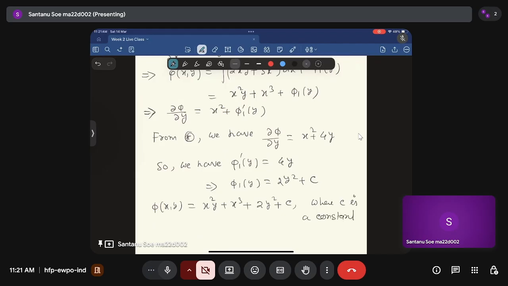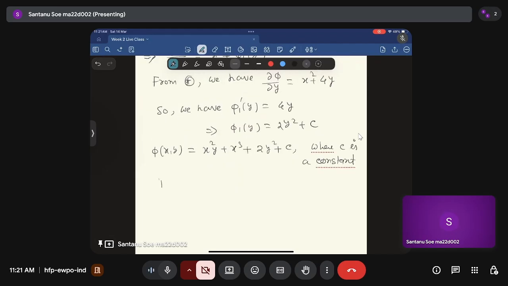Okay, so this is our required potential function of the given f.